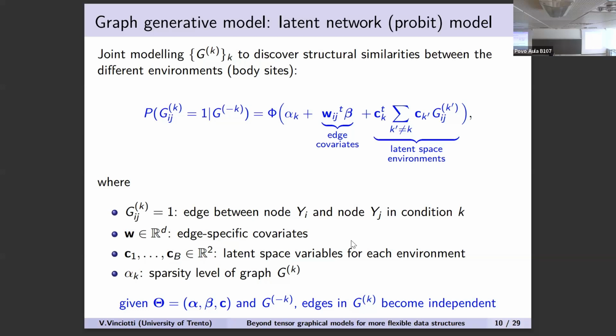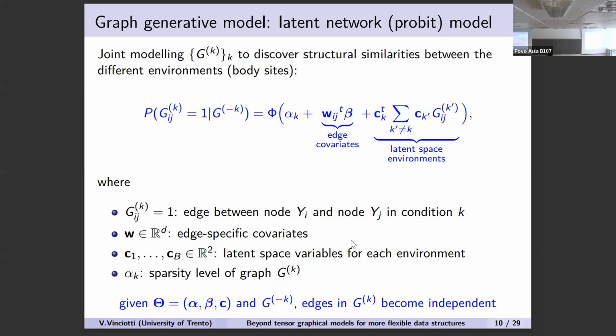Okay. The variables are the C's. The parameters are the C's. Yeah, parameters. The random variables are the graphs, the edges. So the parameters are alpha K, beta, and all these C K. Oh yeah, so sorry.